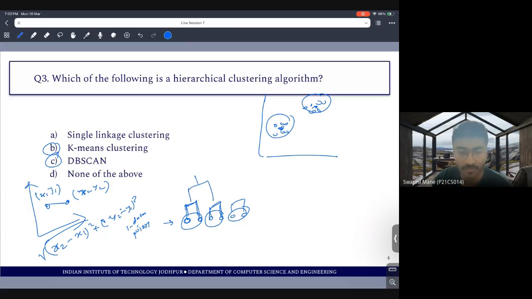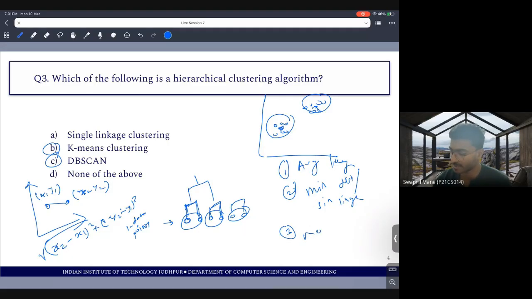We make clusters if the distance between these two clusters is small. There are three strategies. The first is average linkage. Another is minimum distance, which we also call single linkage. And the max distance we call complete linkage. So there are three strategies: average distance, minimum distance, and maximum distance.